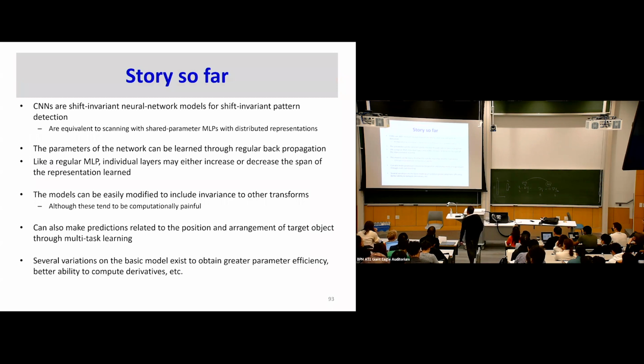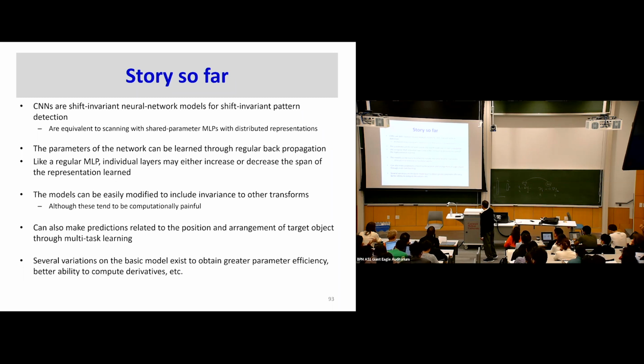So continuing our story so far, CNNs, we saw, are neural network models for shift invariant pattern detection. The parameters can be learned through regular backpropagation. Like a regular MLP, individual layers may either increase or decrease the span of the representation learned by upsampling or downsampling. After all, what is upsampling or downsampling? That's increasing or decreasing the size of the representation.